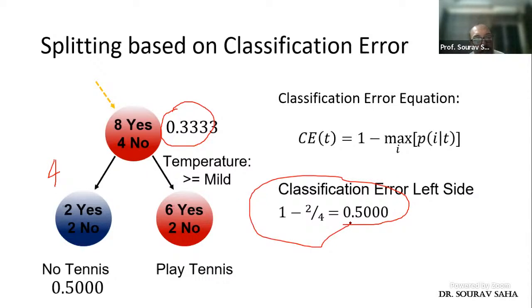Now, can I have the classification error for the right hand side? There are 8 data points in the right hand side. Using the same formula, 1 minus the maximum of the proportion of the two classes.